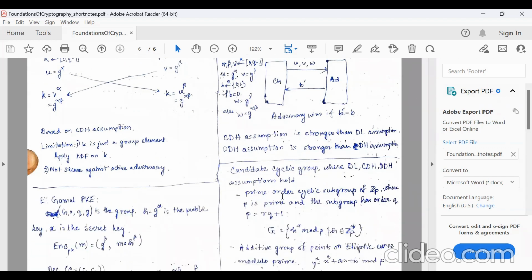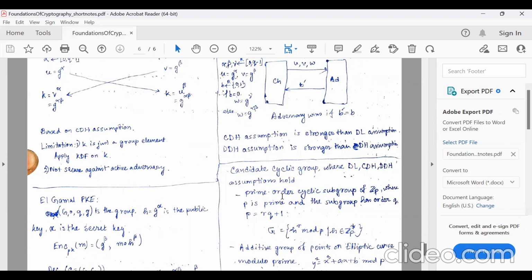Also, the candidate cyclic groups where these assumptions, that is the discrete log assumption, computational Diffie-Hellman assumption, and decisional Diffie-Hellman assumption, hold. There are two such candidate cyclic groups. One is a prime order cyclic subgroup of Zp star.